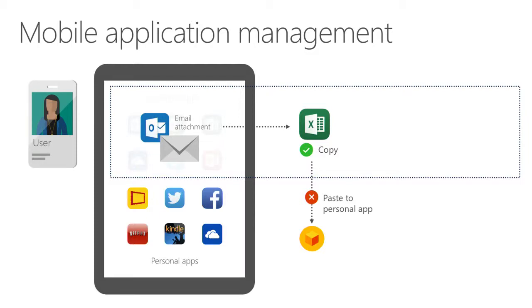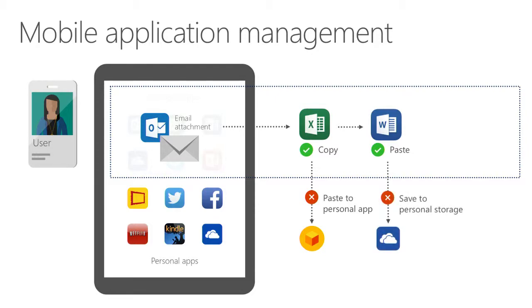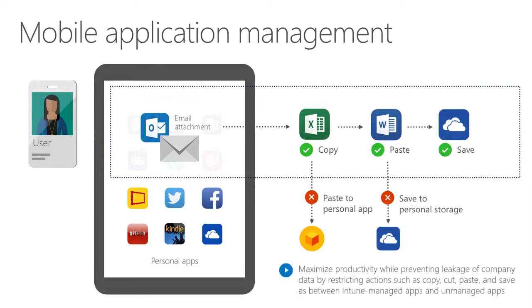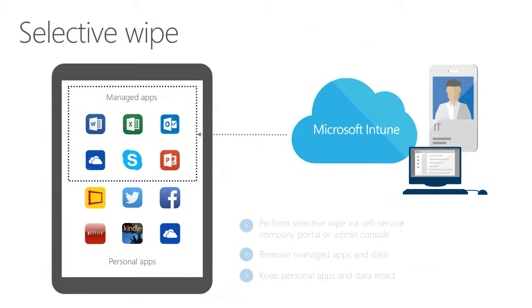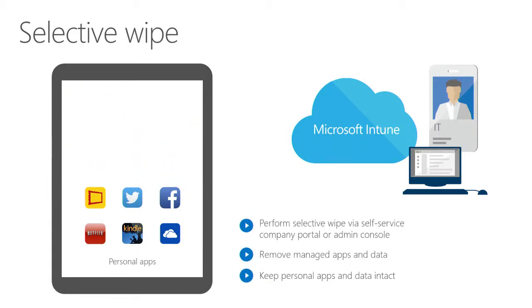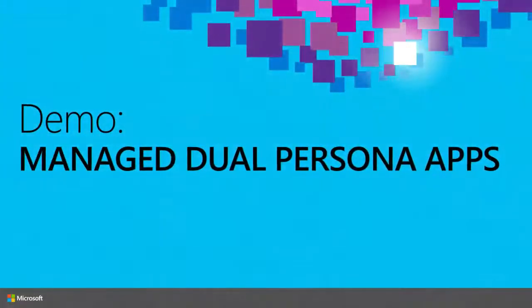So you can't, for example, and I'll show you this in a second, take data from an email attachment, put it into, say, Excel, and then try and move it into a personal application. That won't work. Move it into a business application and try and save it to a personal location. It won't work. You can do everything inside of business-oriented locations, things that are inside of the policy. Selective wipe will take out the applications, or the parts of the applications that it needs to.